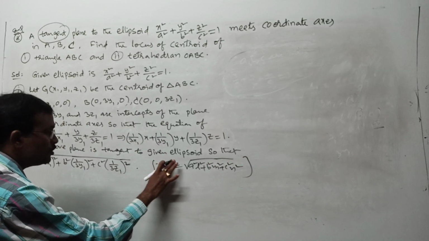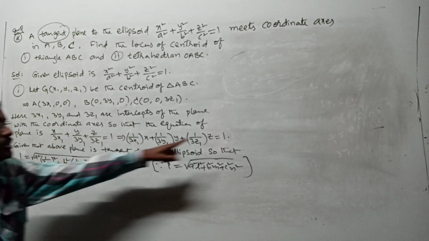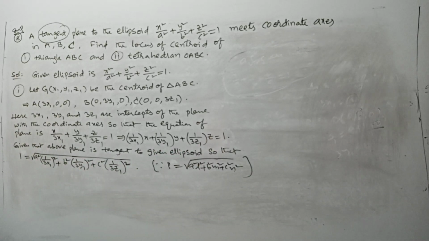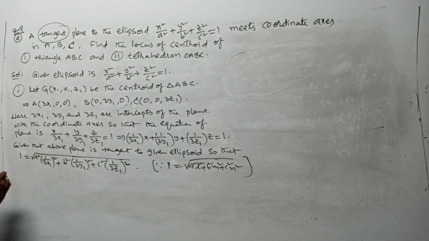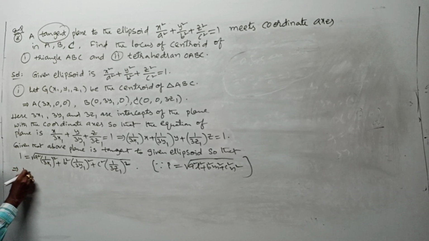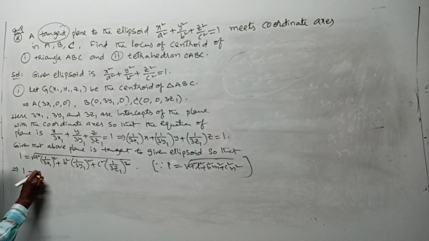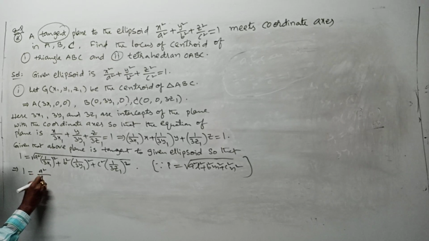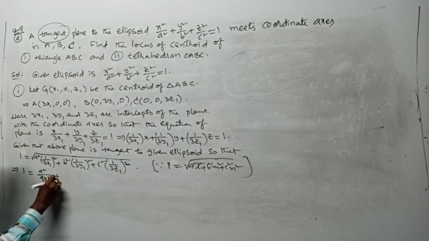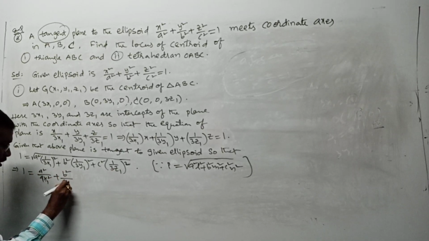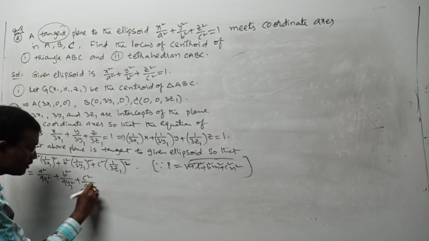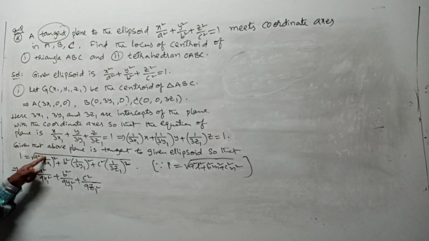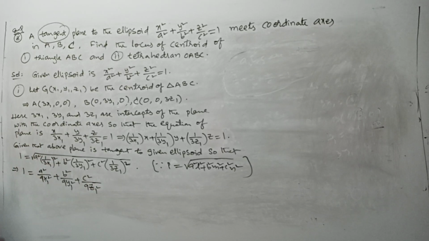To remove the root, take the square on both sides: 1 square is 1, equal to a square by 9x1 square plus b square by 9y1 square plus c square by 9z1 square. Any problem? Because we are removing the root by taking the square on both sides.